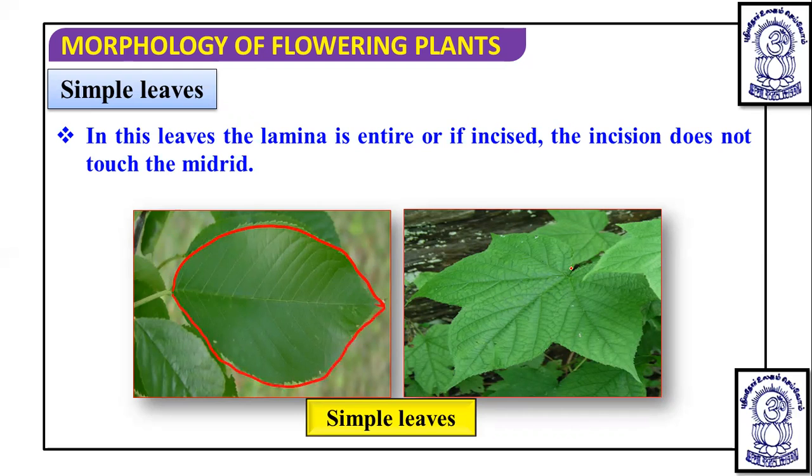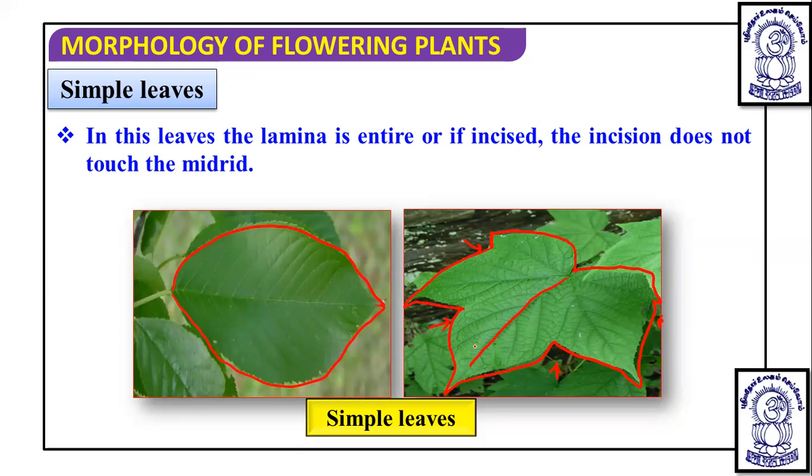But here in this you will see that there are some cuttings or incisions, like this is a cutting, this is a cutting, this is a cutting, this is a cutting. So here these incisions are developing, but they do not reach the midrib, then also it is known as a simple leaf.